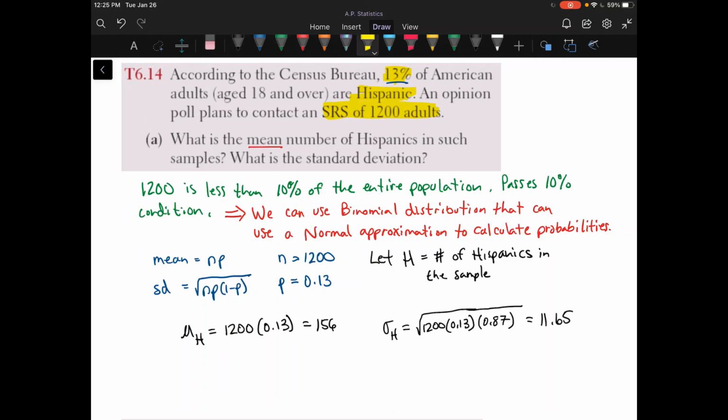So we have a mean of 156 and a standard deviation of 11.65. And we're done with part A.